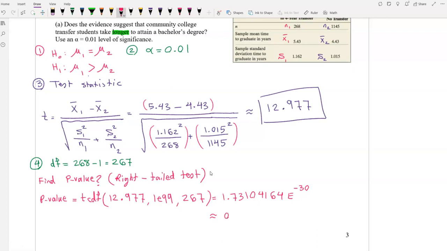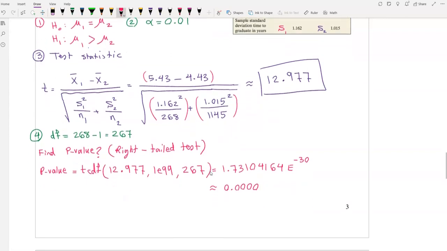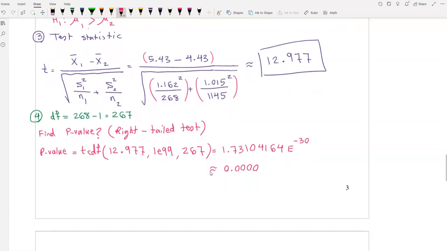Rounded to 4 decimal places, it's 0.0000. That's step 5, our p-value.